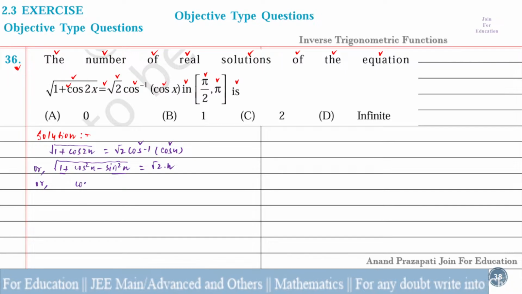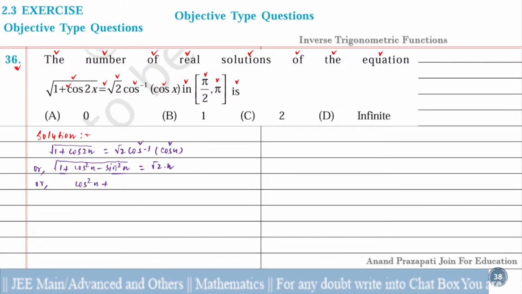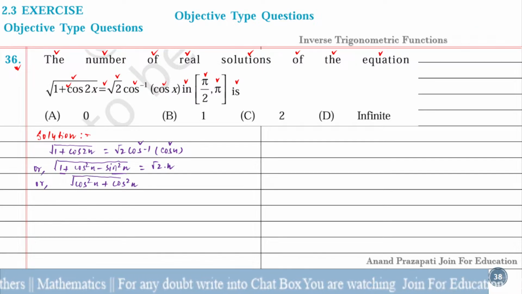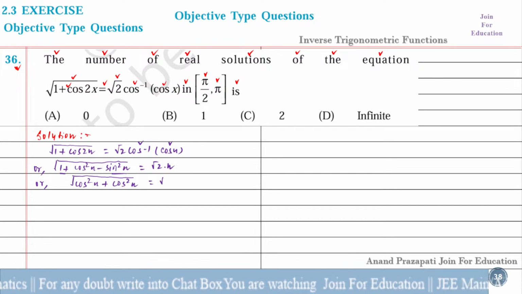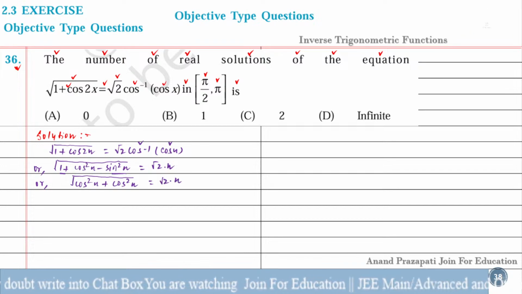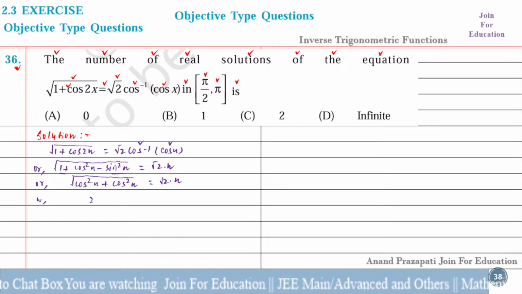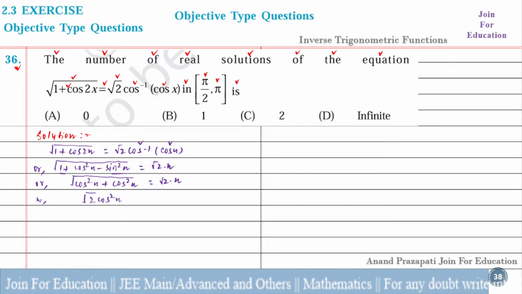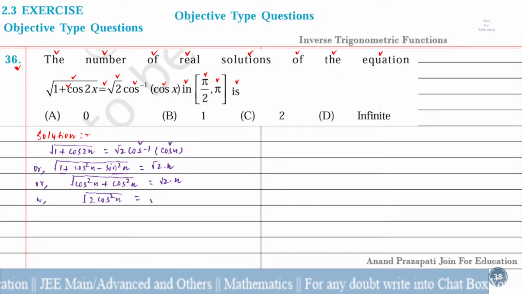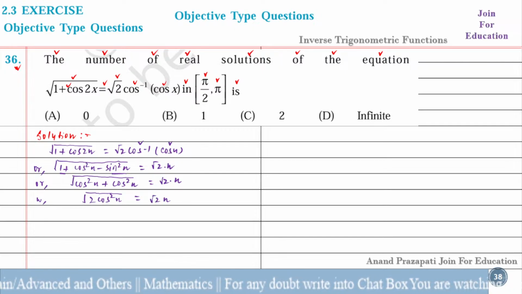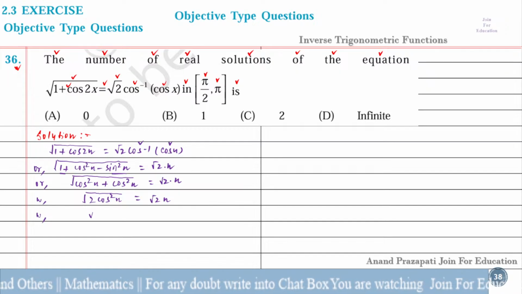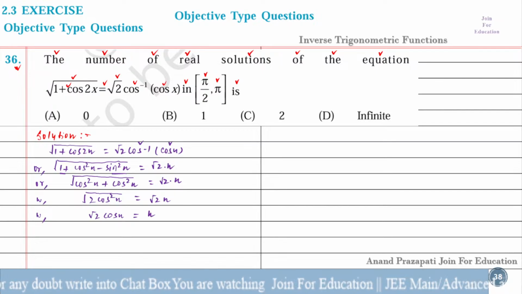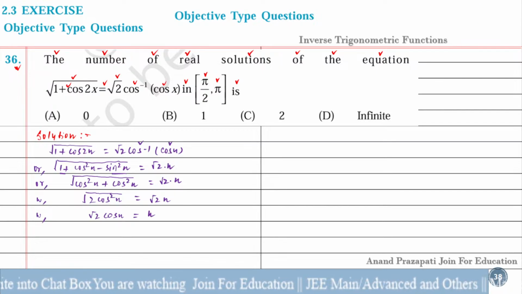So we write down here cos square x plus cos square x over root equal to root 2 into x, or here will be 2 cos square x over root equal to root 2 x, or the next step here will be root 2 into cos x equal to x, root 2 x.